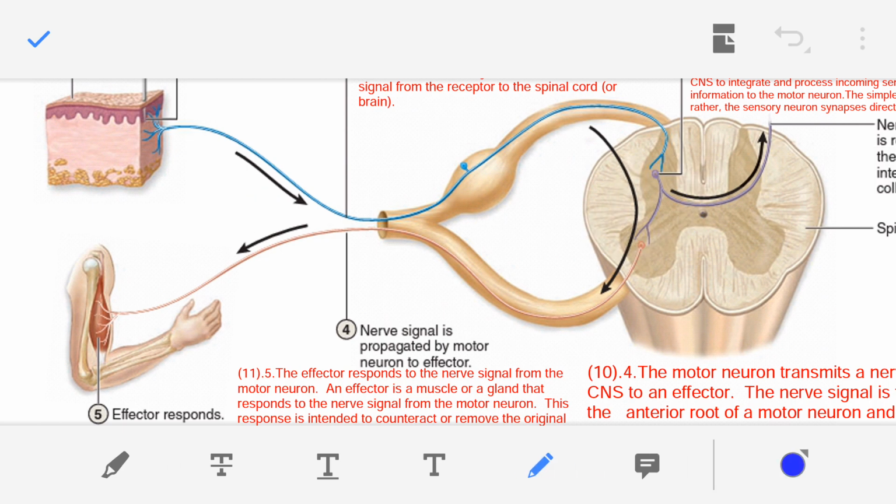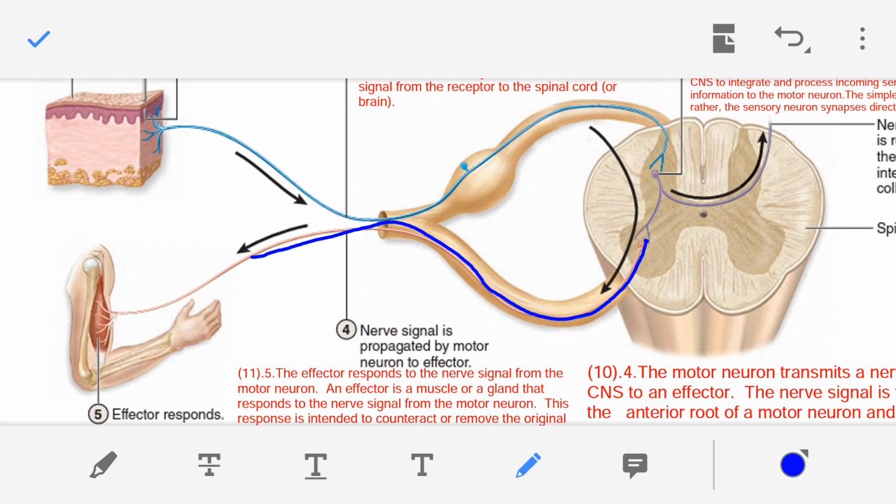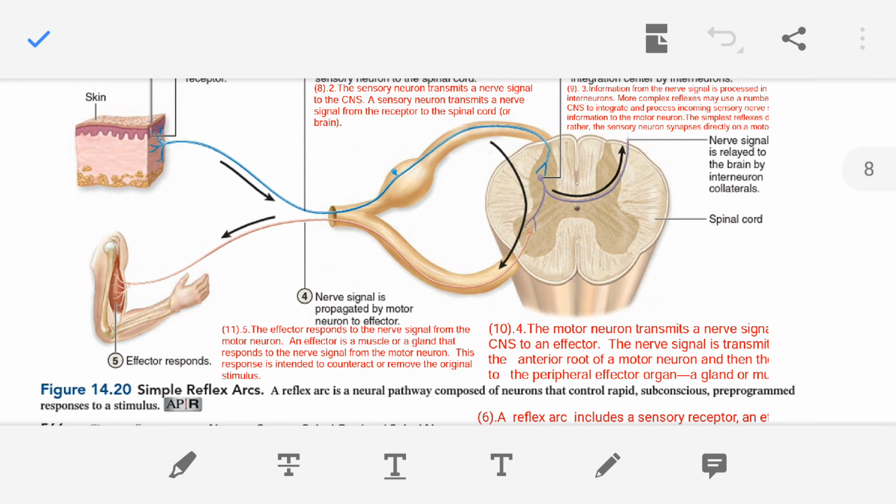They are ordering your bicep muscle by sending the nerve impulse. Now the nerve impulse is propagating in this motor neuron, and this motor neuron is bringing the nerve impulse to your bicep muscle, and now you are removing your hand away from that iron nail.